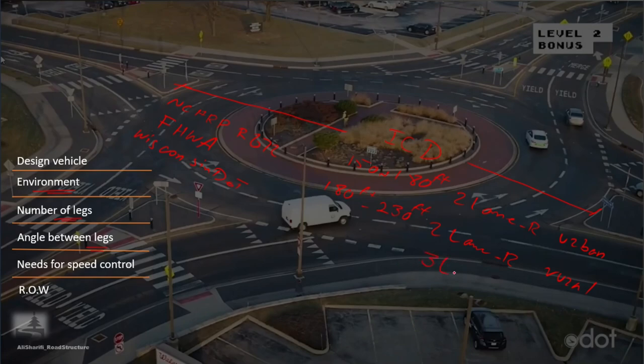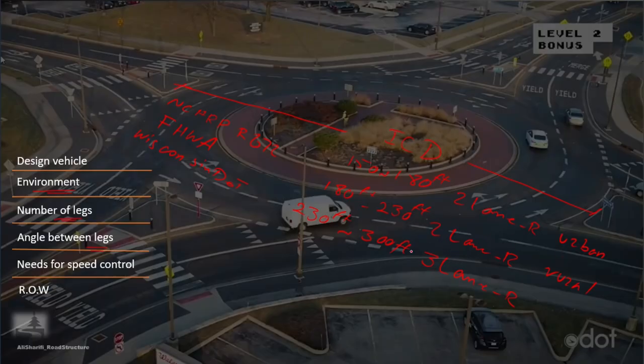If it's a 3-lane roundabout, normally a range of 230 feet up to 300 feet will be adequate.